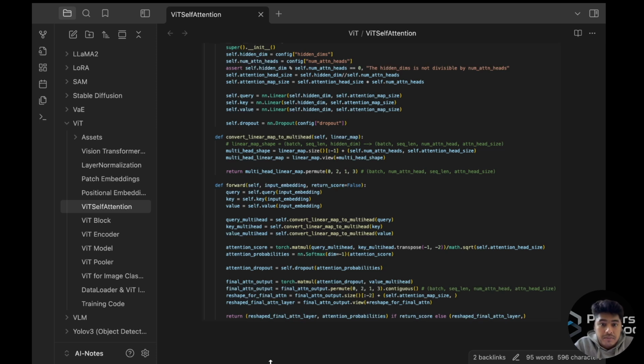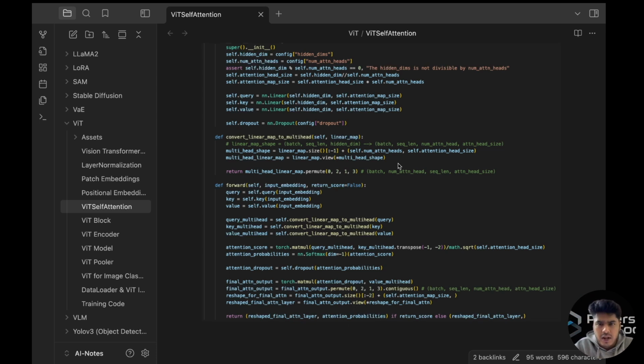Then we have this reshape for final attention, which is pretty simple. We take the final output of size until the second last dimension, and we take the self attention map size, and then we just get the final map size, and we just dot view, as in we reimagine it in that particular size, and we return the outputs.